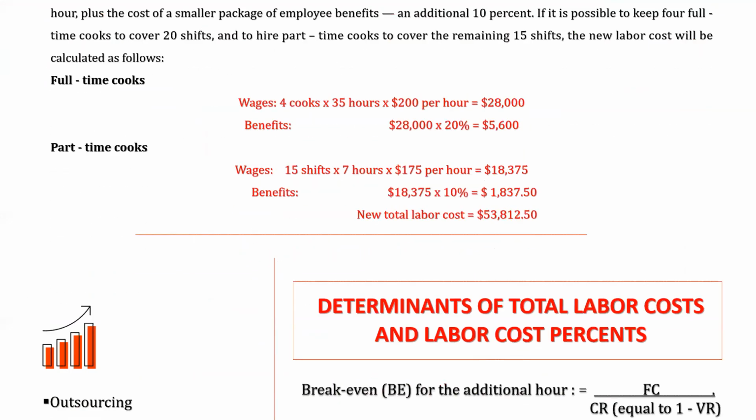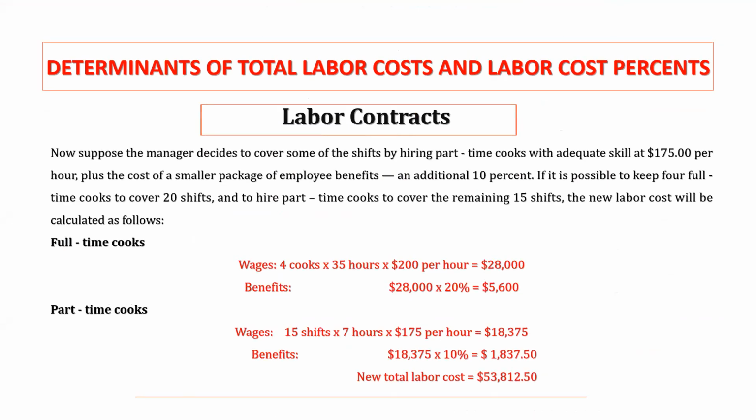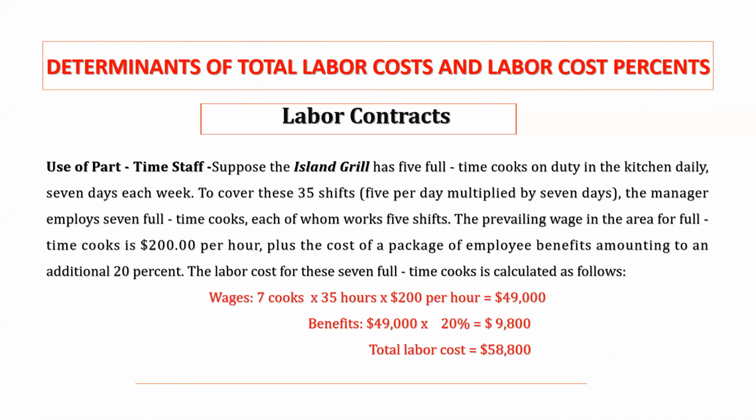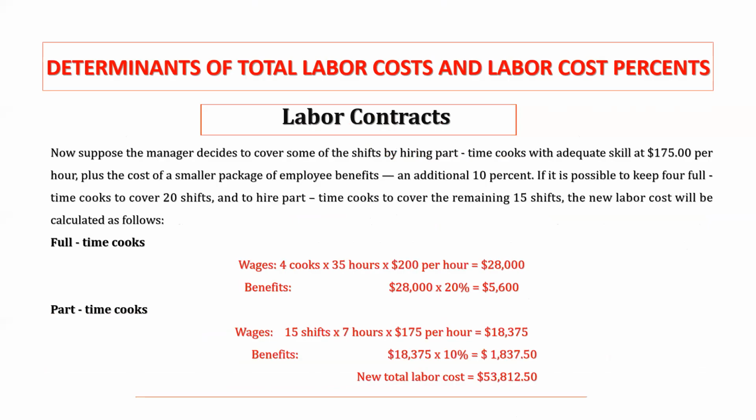And then you add up all of that, and it gives you $53,812.50. So if you realize that it's less than the $58,800. So by hiring some of the staff part-time, the manager was able to reduce the total labor cost.